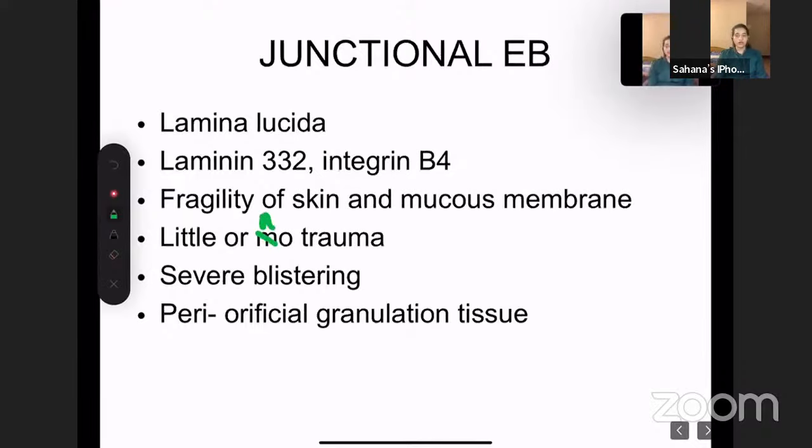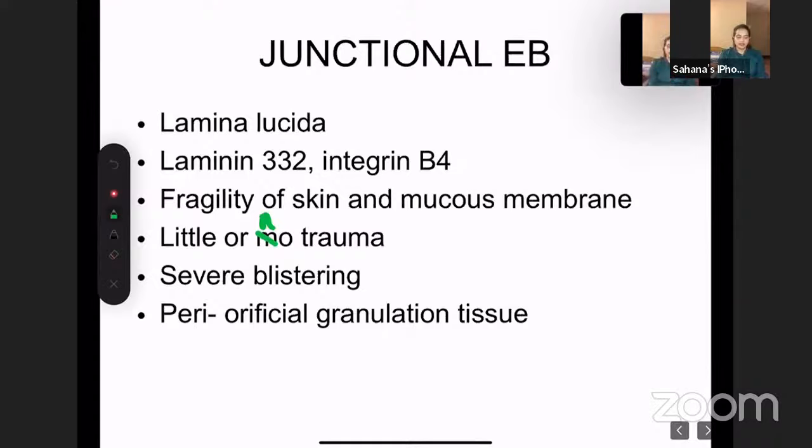There is little or no trauma in junctional EB, which is the exact opposite of what we studied in EB simplex. EB simplex happens only in trauma prone areas. So there has to be an external stimulus in the form of trauma for the blisters to form in EB simplex. But in junctional EB, because the defect lies further down in the skin, you don't need any trauma or any friction.